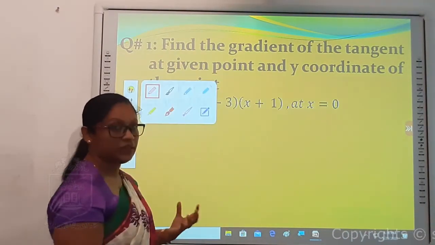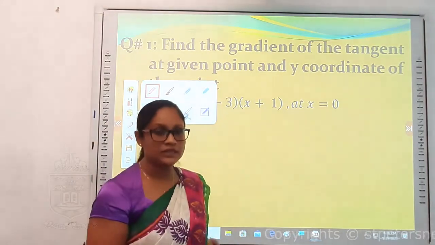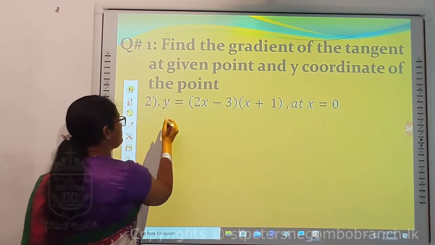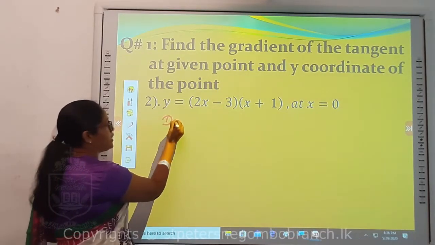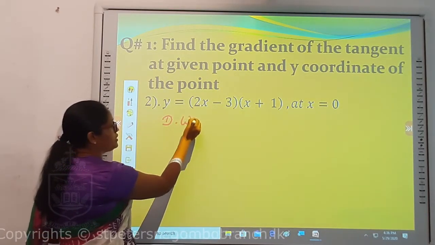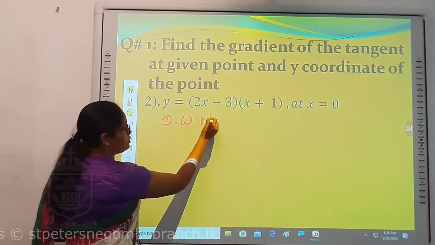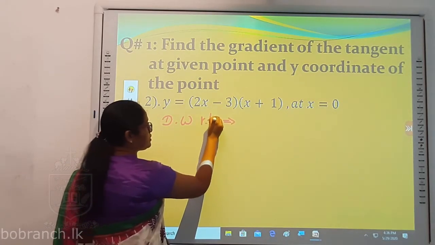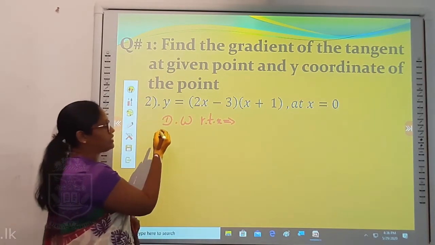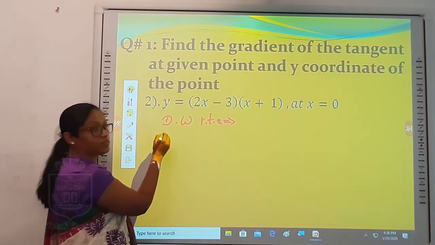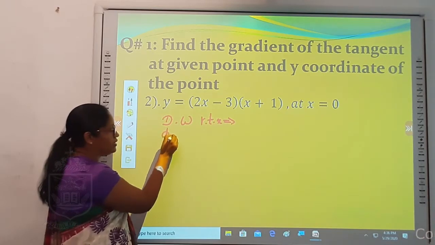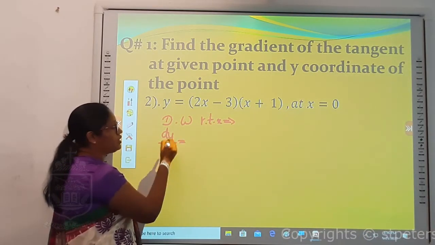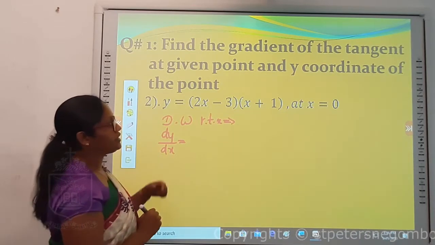The very first thing we should do is differentiate the given function with respect to x, right? I'm going to differentiate this function with respect to x, so I can write dy over dx is equal to, and now we have to differentiate this function.